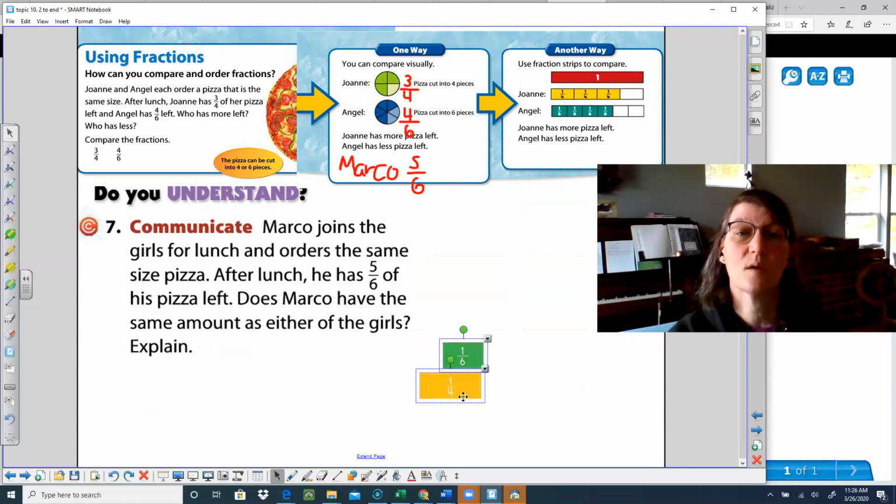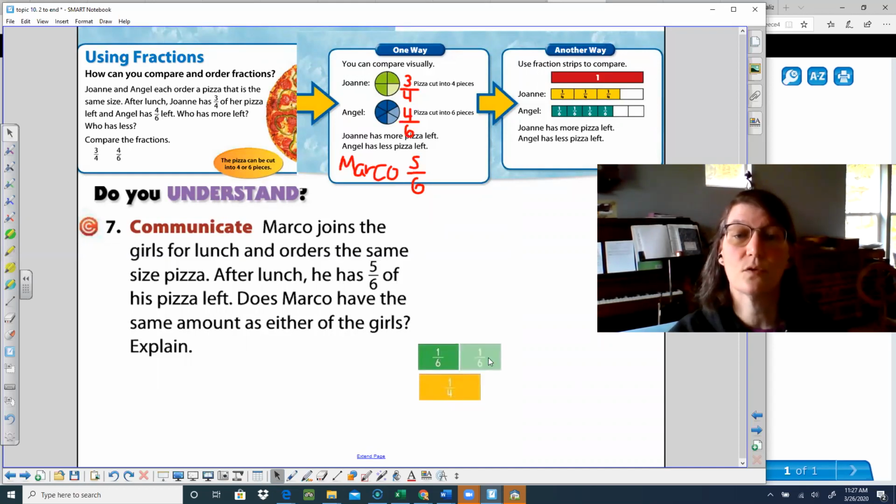Okay, so I want to compare 3/4 and 5/6. So I'm going to make those infinite cloners real quick. Okay, so we want 5/6.